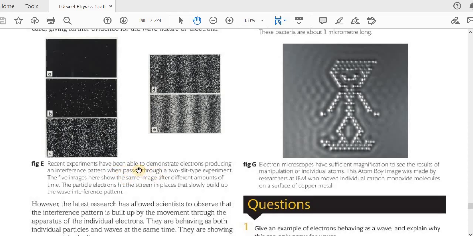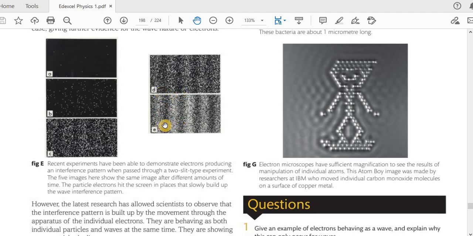Recent experiments have been able to demonstrate electrons producing an interference pattern when passed through a 2-slit type experiment. These 5 images here show the same image after different amounts of time. The particle electrons hit the screen in places that slowly build up the wave interference pattern.